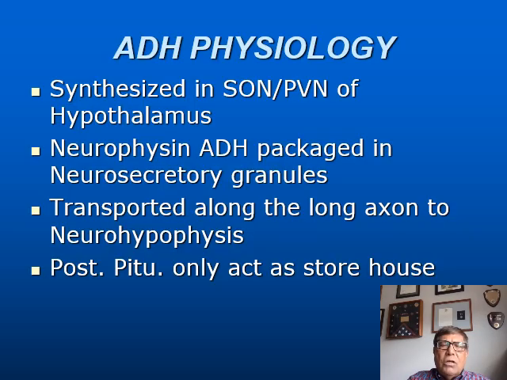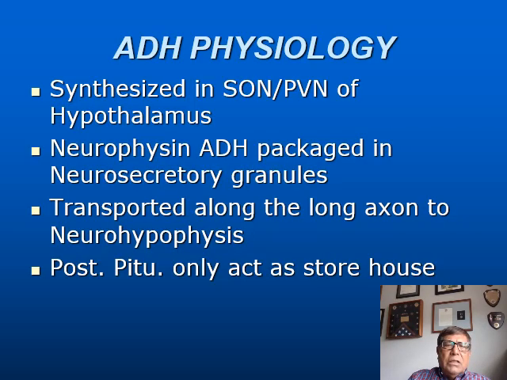Now, before we go to any further discussion, let me discuss a little bit about ADH physiology. Obviously, this is not going to be very brief, but it is the one that we really need to know.